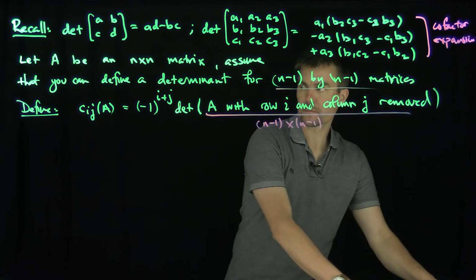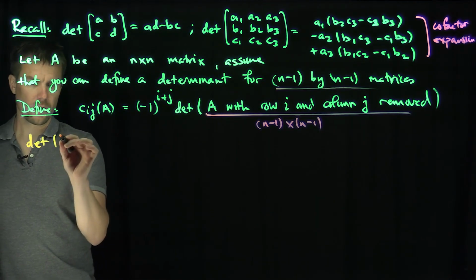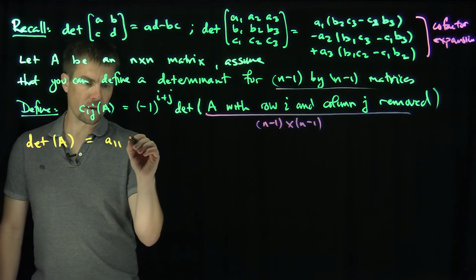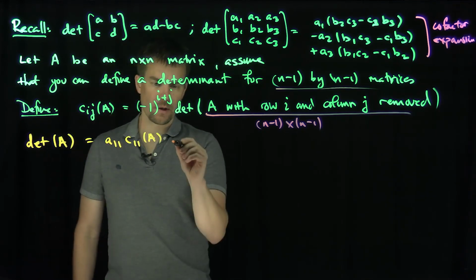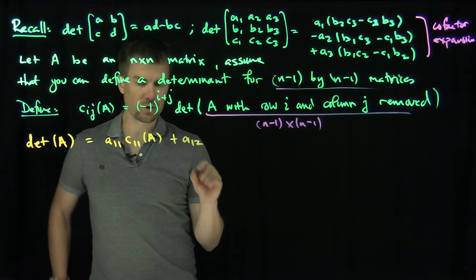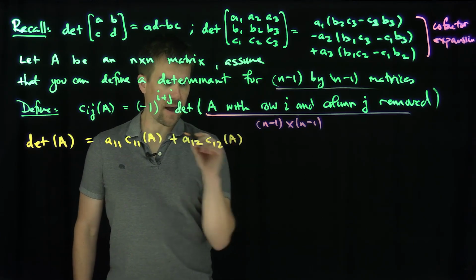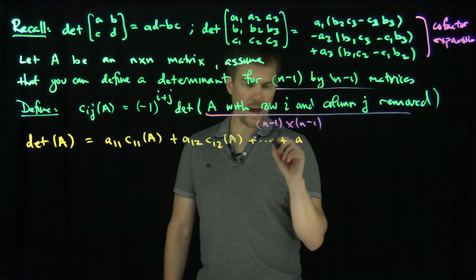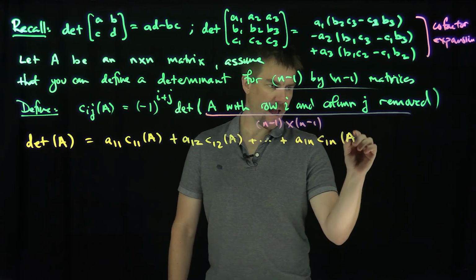How so? We'll define the determinant of A to be A11 C11(A) for the first cofactor, then A12 C12(A), all the way down to A1n C1n(A).